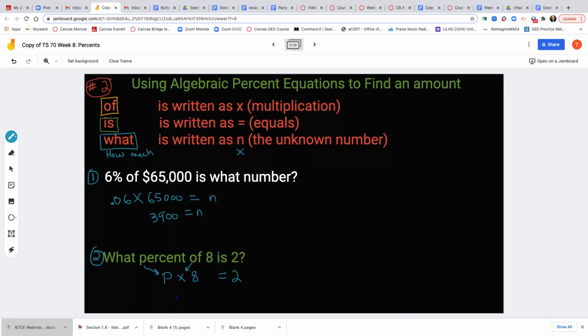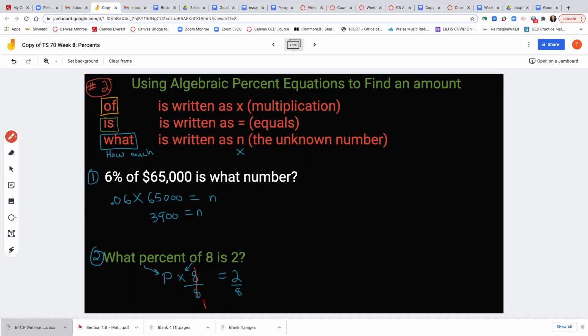We learned last week in this class that when you have something times something, like 8P, if I divide this side by 8, then I've got to divide this side by 8. It's called the division rule of equality. By dividing it by 8, that cancels out the 8.